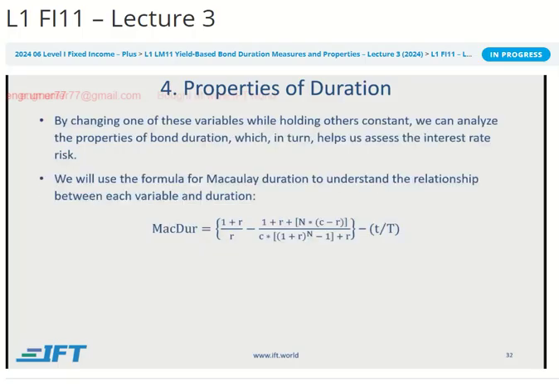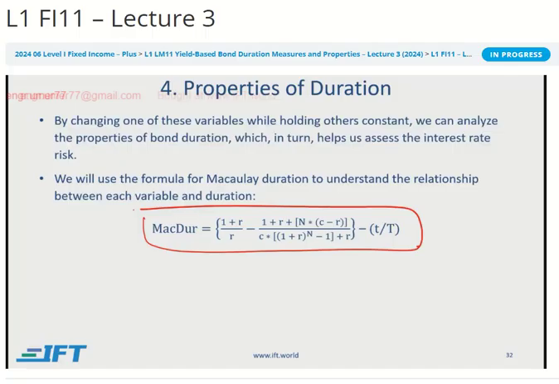And before we get into that, let me just remind you that this is the formula that we looked at in the learning module for Macaulay duration, the previous learning module. And I had told you not to worry about it too much.